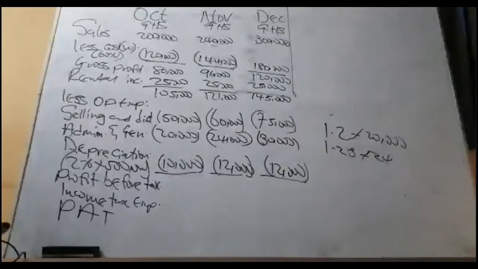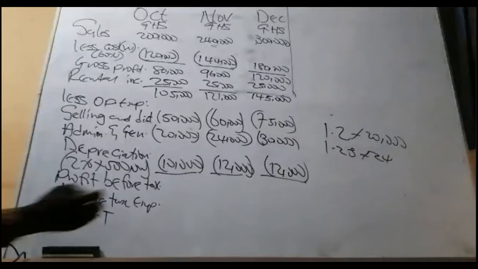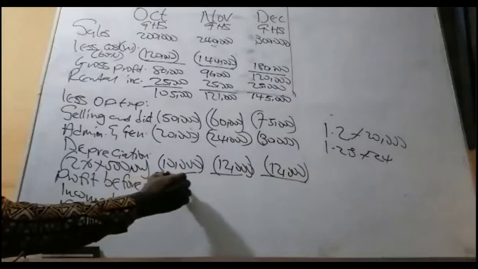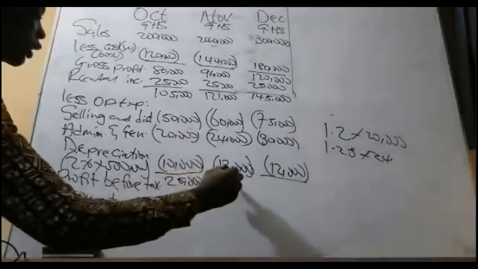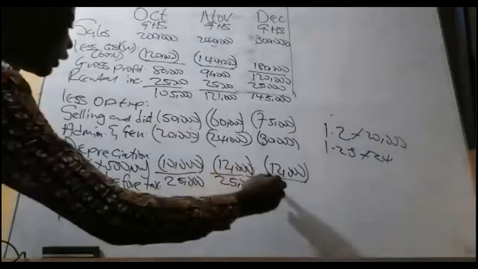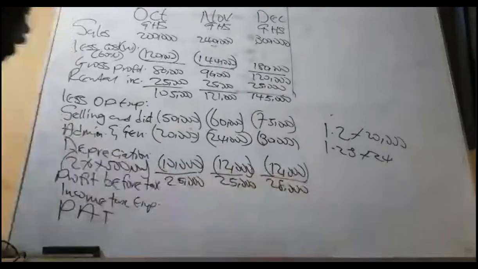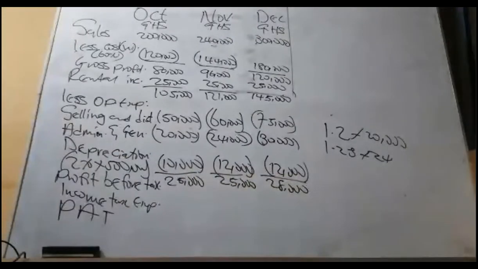That'll give us 25,000 as the profit before tax. So 25,000. Great. So 25,000 and 28,000. Now let's go and calculate our income tax expense.